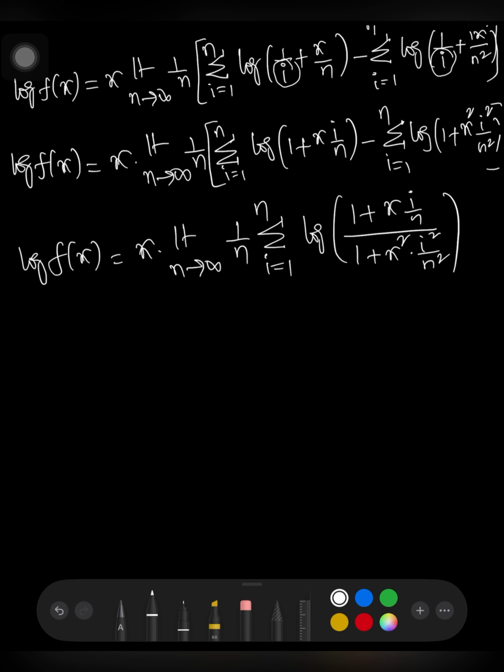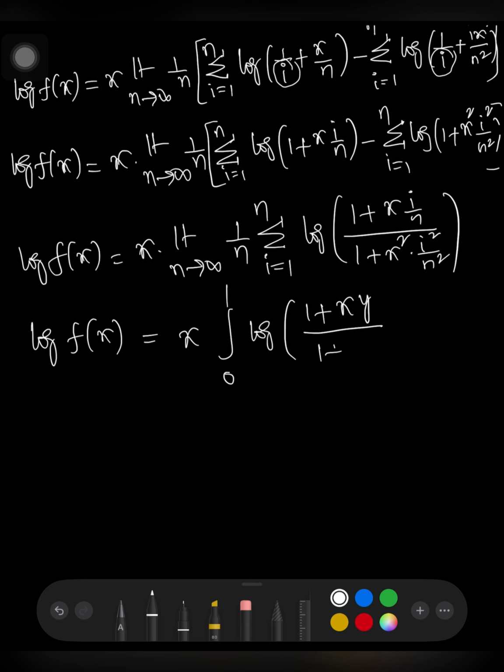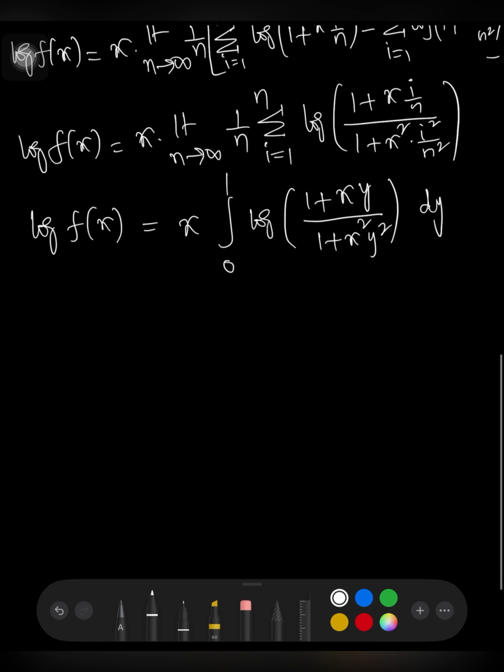So clearly log of f of x equals x into the integration from 0 to 1, because of i equal to 1 to n, then it is log of (1 + xy) by (1 + x²y²).